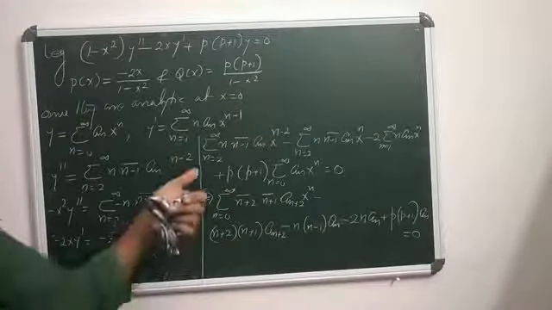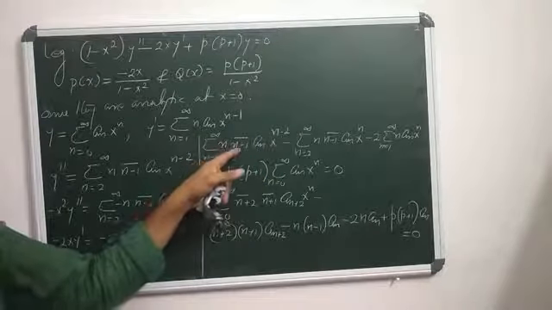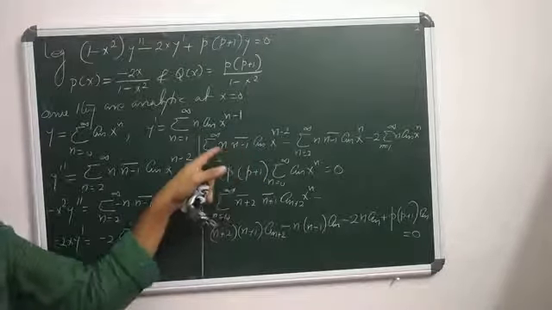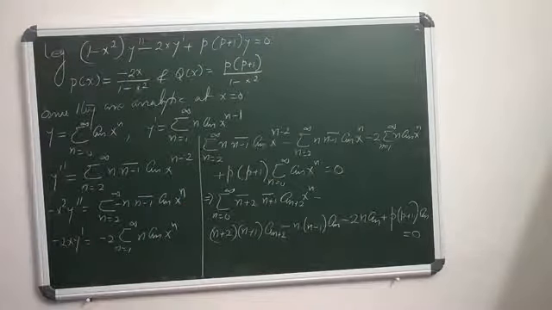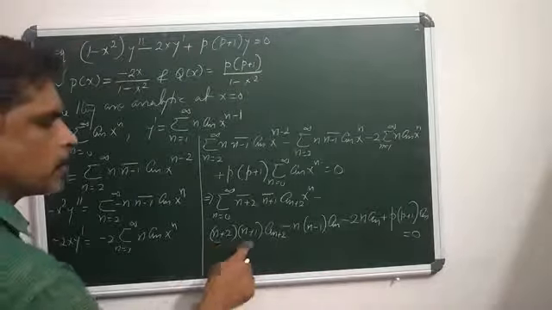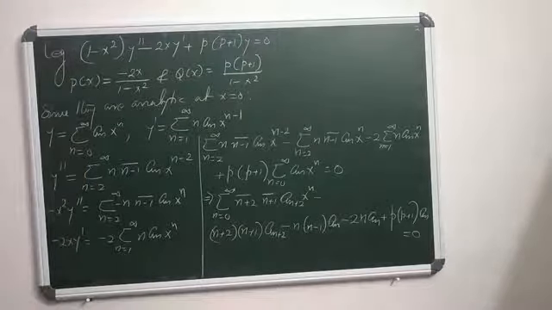So n becomes n plus 2, n minus 1 becomes n plus 1, so it is n plus 2, n plus 1, a n plus 2 into x power n. Then you can equate the coefficient of x power n. On the right side it is 0 and on the left side it is n plus 2, n plus 1, a n plus 2 minus n into n minus 1 a n minus 2n a n plus p into p plus 1 a n equals 0.